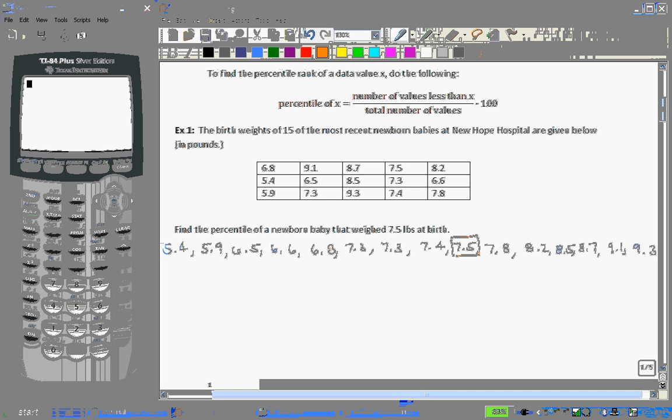So we could say a baby that weighed 7.5 pounds at birth for this particular hospital is in the 53rd percentile.